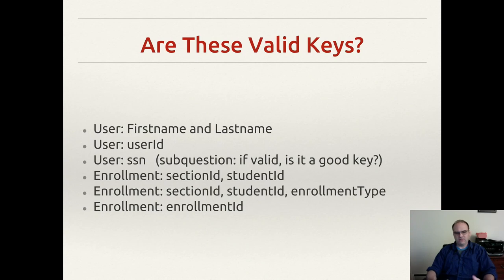Is the combination of these two things enough? Intuitively, at first, it could be. I'm going to say it could be. It's probably not, but I'll explain why. It's probably not, because usually you can enroll in more than one type. You can add a class, you can drop a class, you can add it online versus adding it at the registrar's office or something like that.